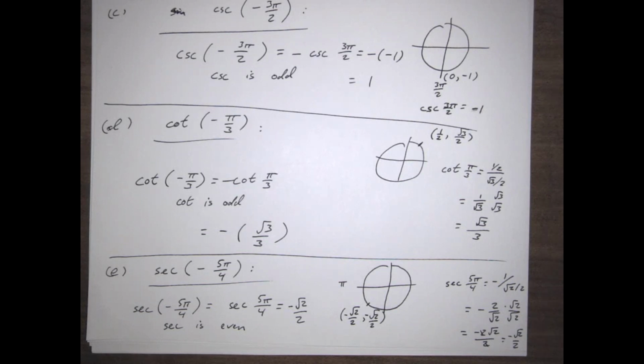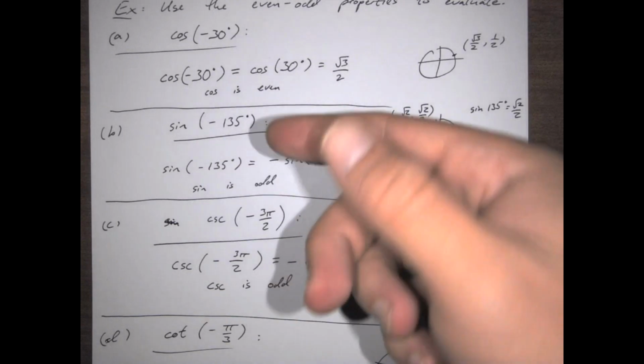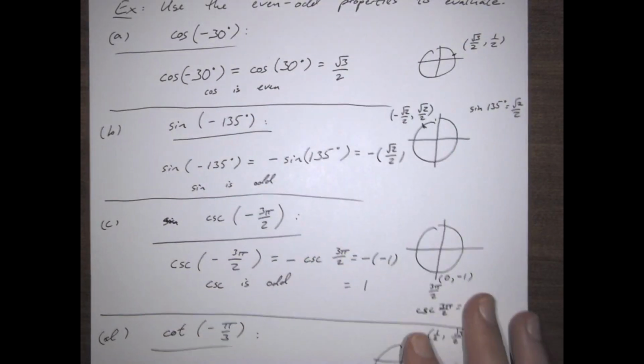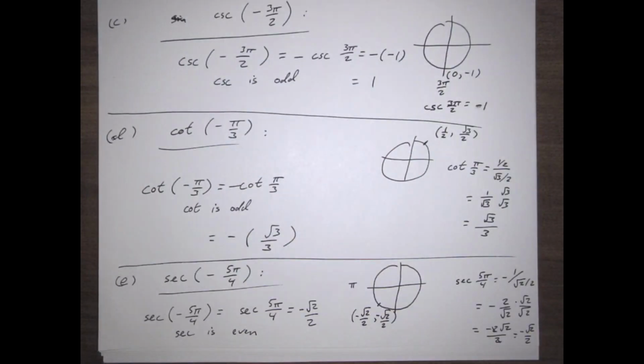If the function, on the other hand, is even, then what you would do is just ignore the negative, and it would be as though it were just regular, in this case 5 pi over 4, or in this case up here, regular 30 degrees. So it's as though we can just totally ignore the negative values for the angle and focus our minds only on the positive values, just keeping in mind the even or oddness of the functions in question.